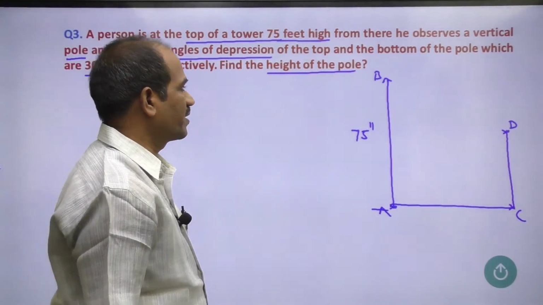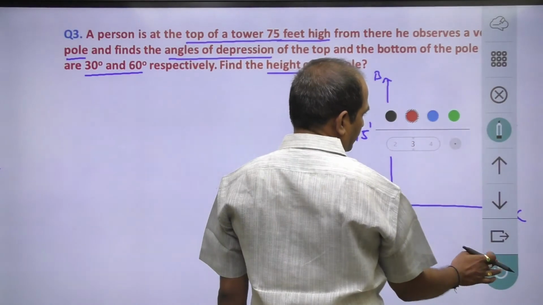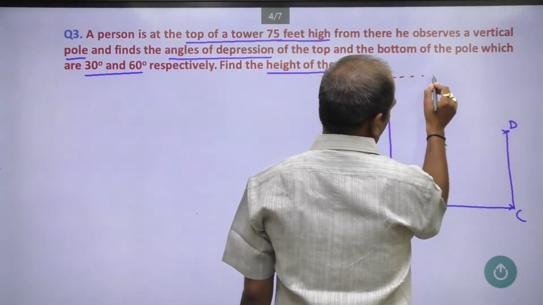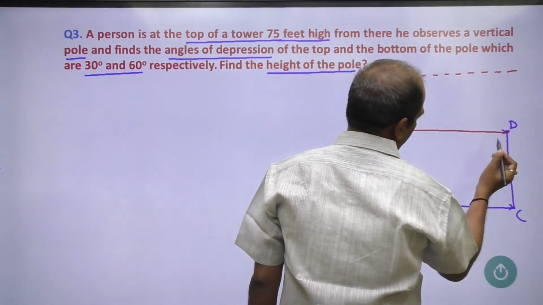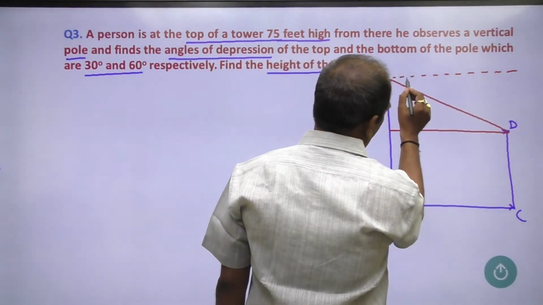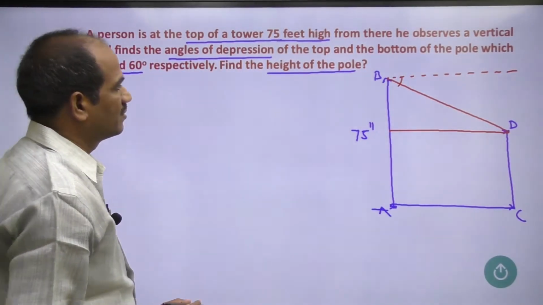So the angles of depression: in the first depression, the angle of depression is 30 degrees.